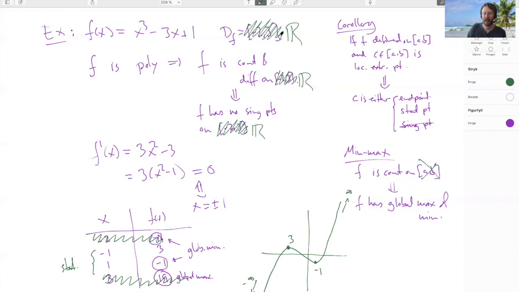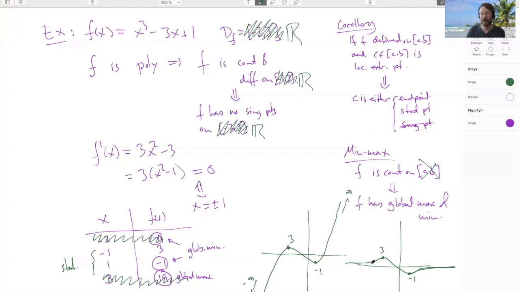So once the Min Max Theorem vanishes, you have to be careful. You could have a function that looks like this, that has stationary points here and then has a behavior such as this. So then this would be a global max and this would be a global min, because here you'll have an asymptote going to 0, say, and here you'll have an asymptote going to 0, or, well, 0.1 or minus 0.1.